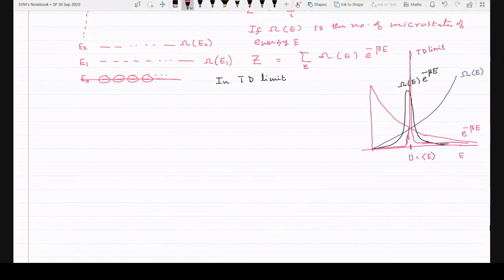So in this sum, only that particular value dominantly contributes compared to all other values.